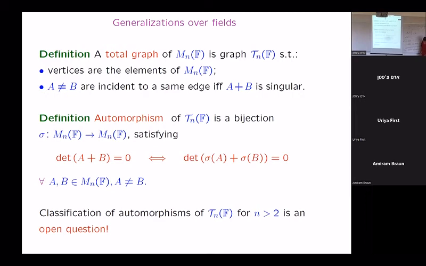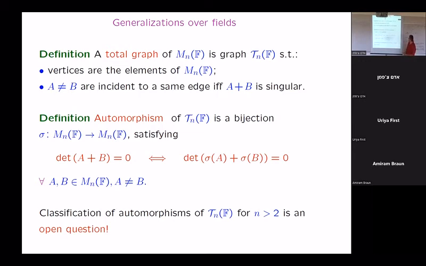Let me just finish with some recent result, also related to those maps preserving singularity. I mean, the Jedone result about maps preserving singular matrices. We have seen them already, but there is another interesting notion which is called a total graph.